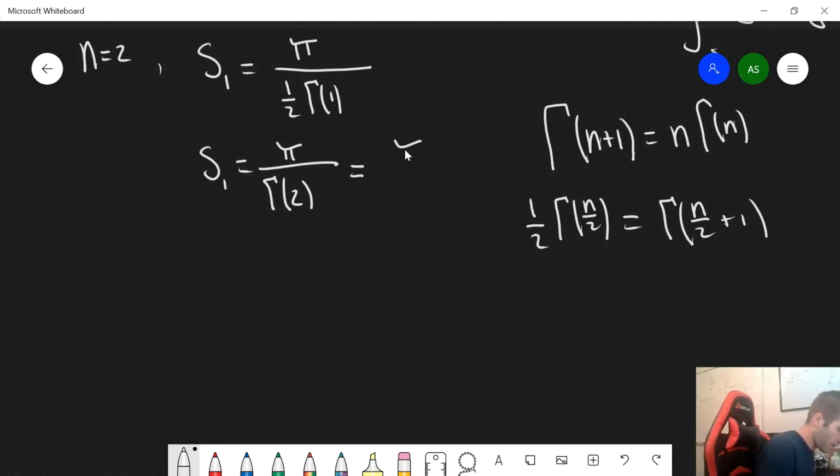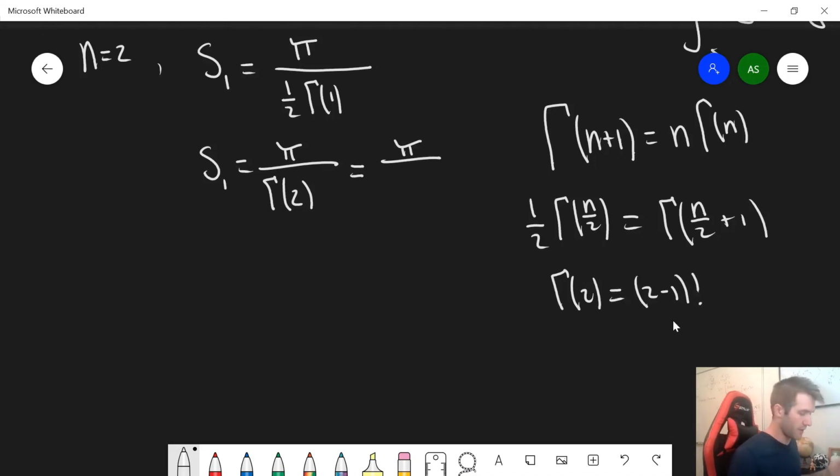Gamma of 2 is also equal to 2 minus 1 factorial, which is just 1 factorial. Therefore, gamma as a function of 2 is equal to 1. So pi divided by 1 is just going to be pi.